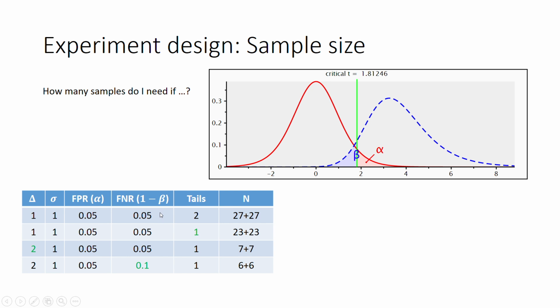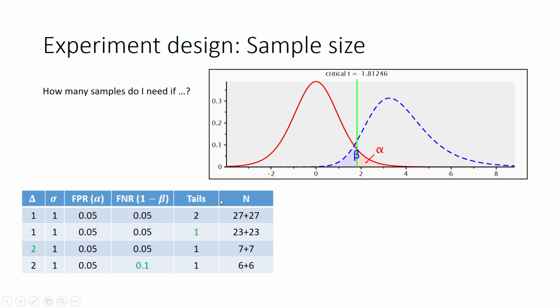And then how many tails? So in this hypothesis test that you do, how many tails you will consider. So you will consider 2 tails or just 1 tail, and if you consider 2 tails, you will need 27 individuals, animals, per group.